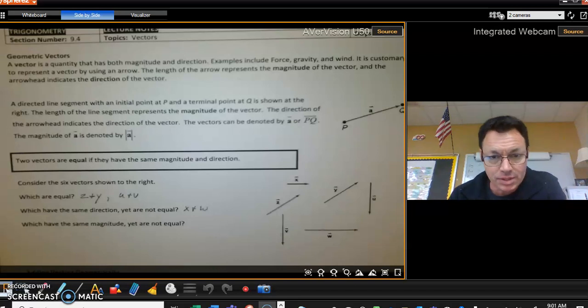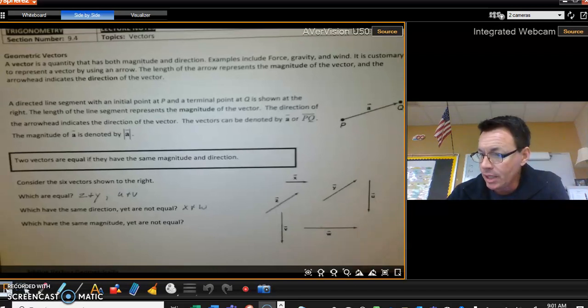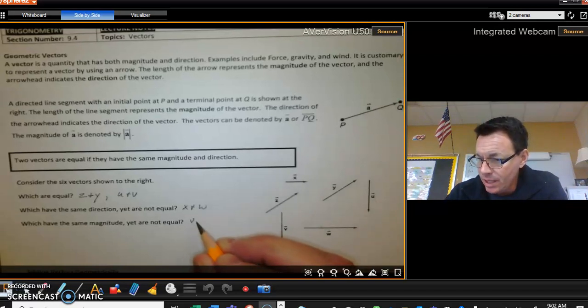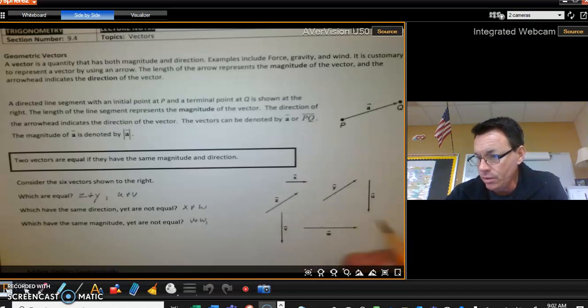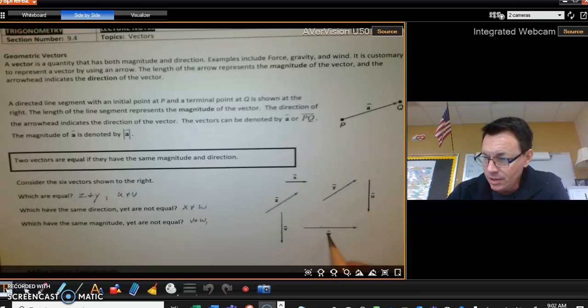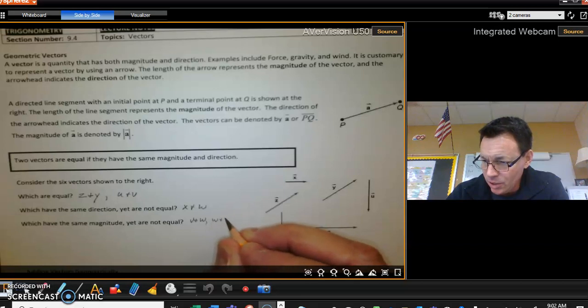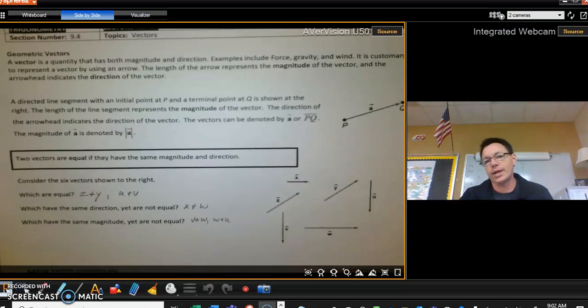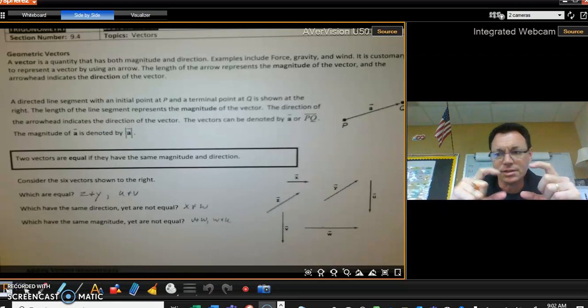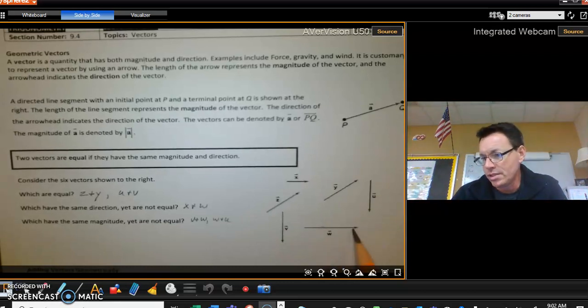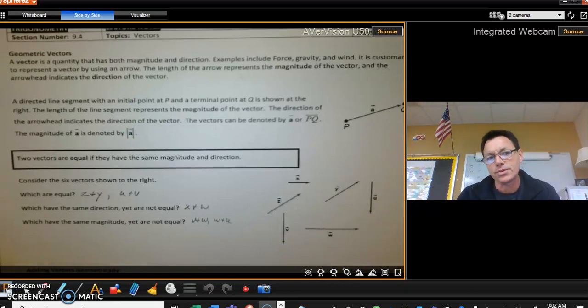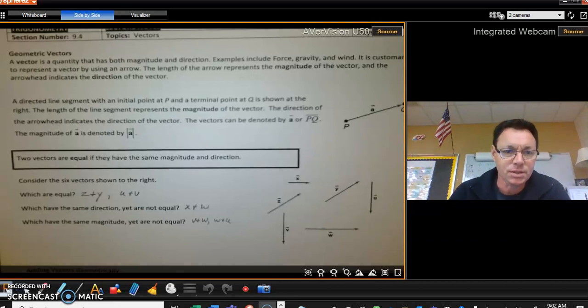Even if they're the same length, they're not equal. So V and W, also W and U, because V and U are equal. If W is not equal to V, W is also not equal to U. So you can't just have the same length and say this is 3 centimeters and this is 3 centimeters. They also have to be going in the same direction to be considered equal.